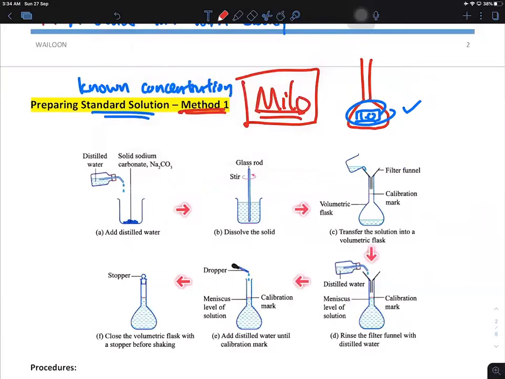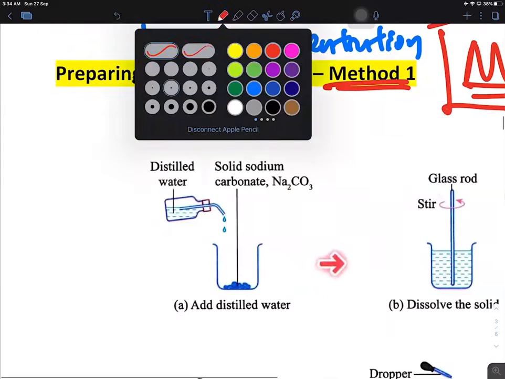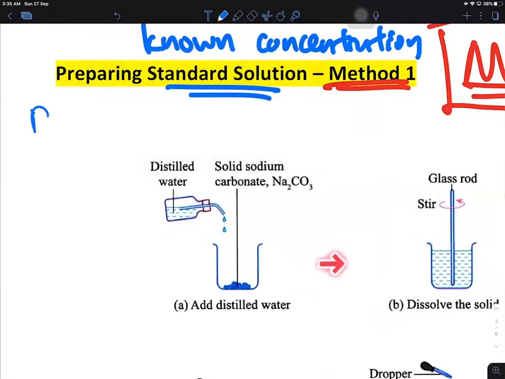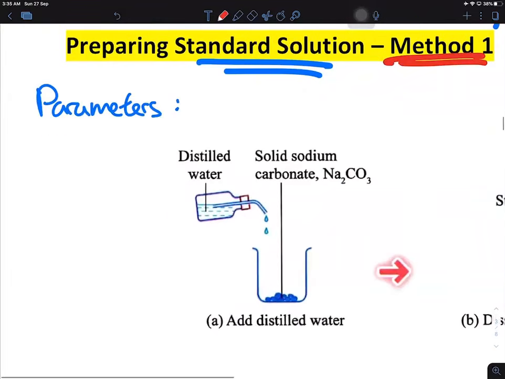So in order to make this Milo, there are 2 parameters that you have to obtain. Okay, you have to be very clear of what is the two parameters before making this standard solution. So the two parameters are the mass of solute.